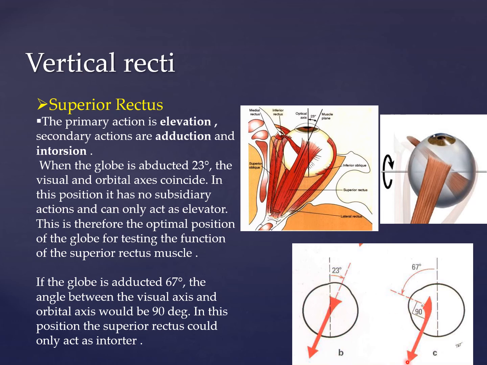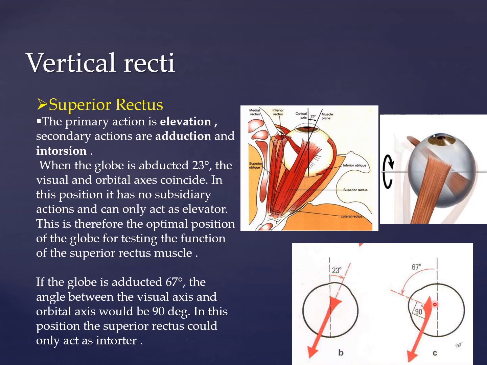Now see here, what happens when we move the eyeball nasally? We adduct the eyeball to 67 degrees, which is not possible with voluntary actions. But theoretically, if we rotate the eyeball to 67 degrees inside, now this is the visual axis and this is the action axis of the muscle.